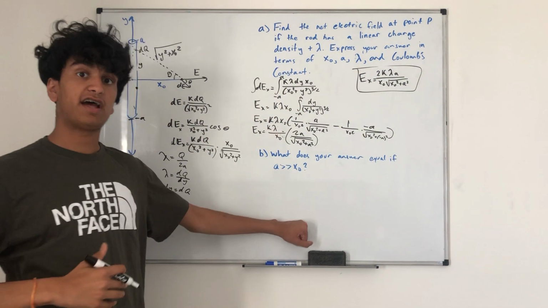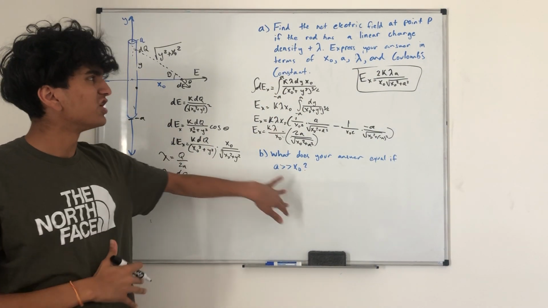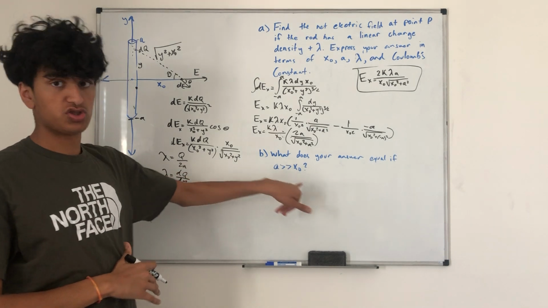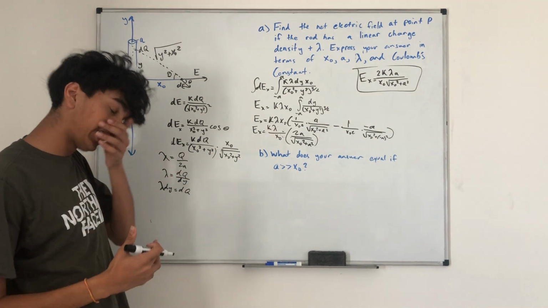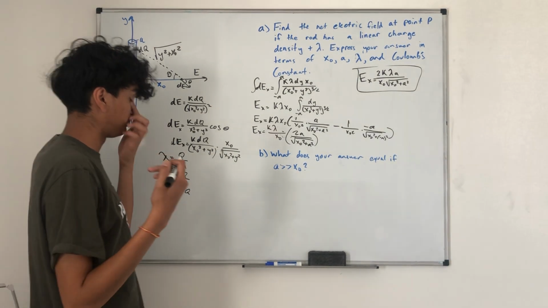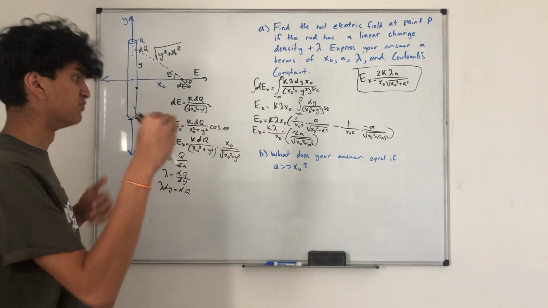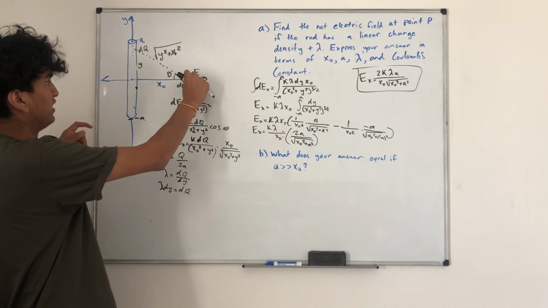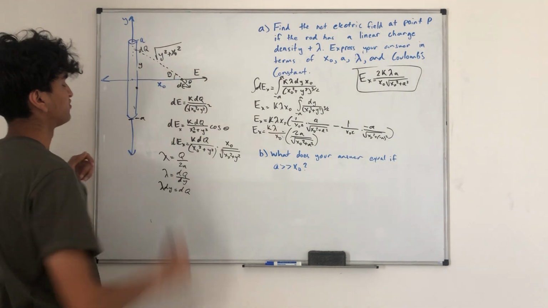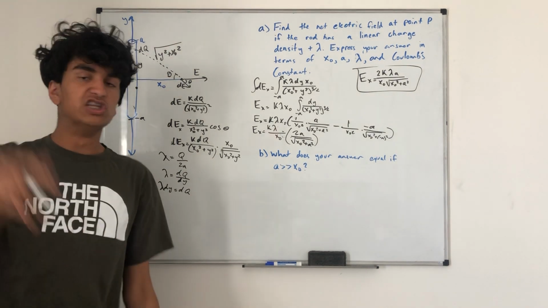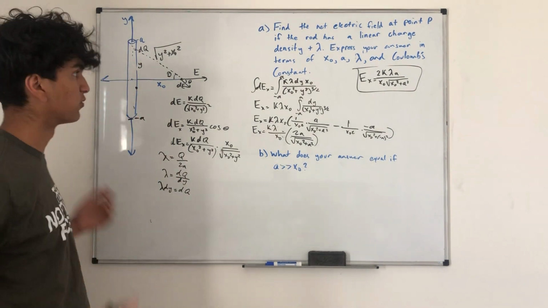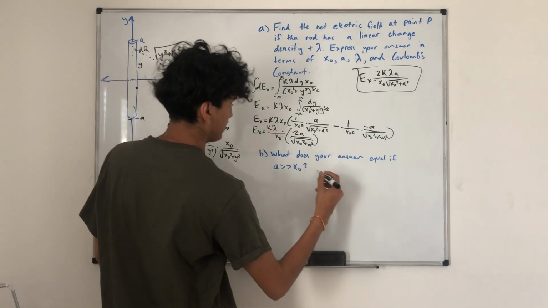Now the next question asks, what does your answer equal if a is much larger than x naught? Well, in that case, a is much bigger than x naught, which really means either x naught is really, really close, or a is nearly an infinitely long length.